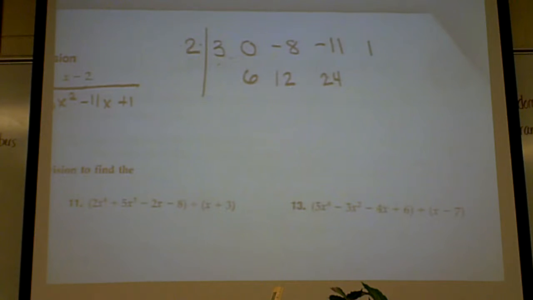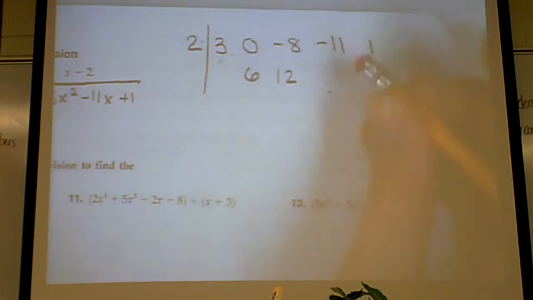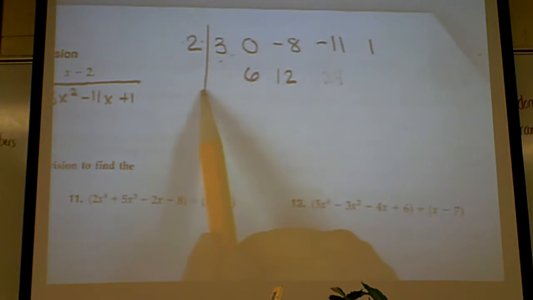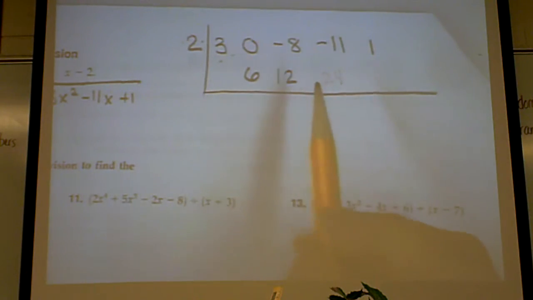So negative 8 plus 12 is 4, times 2 is 8. Alright, okay. Thanks.